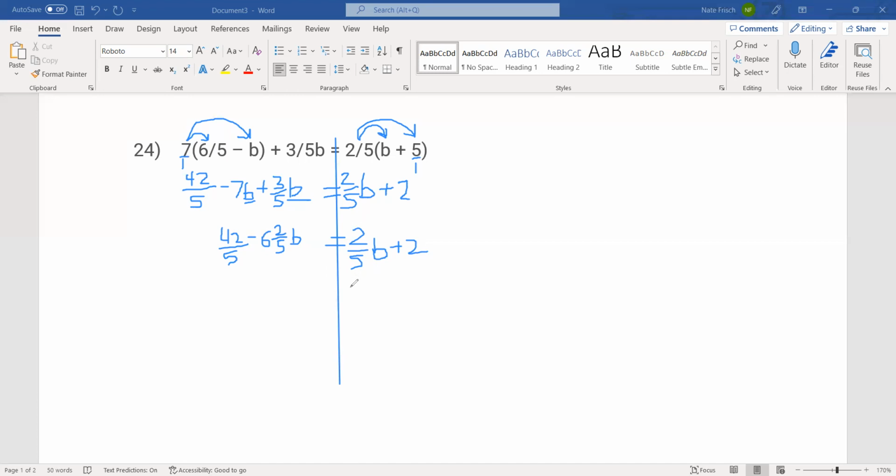So to get rid of a positive 2/5 b, I'm getting rid of the whole thing. So I'm just doing minus 2/5 b. If I do it to one side, I do it to the other. So here, these are just going to cancel out. I'm just left with that positive 2.